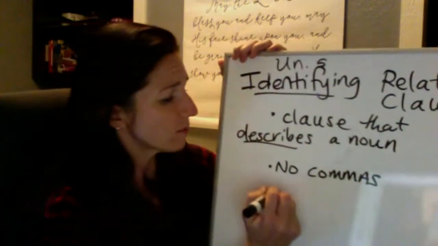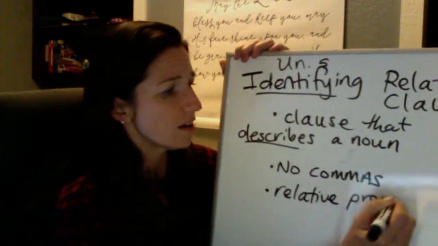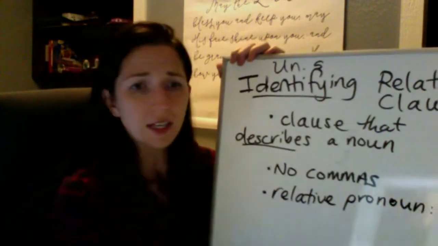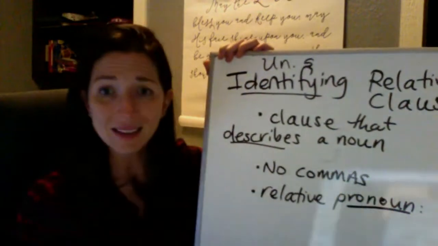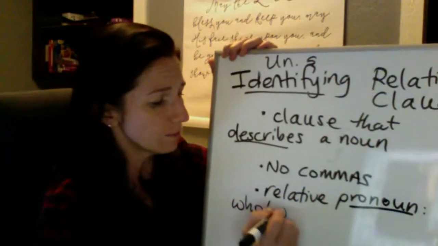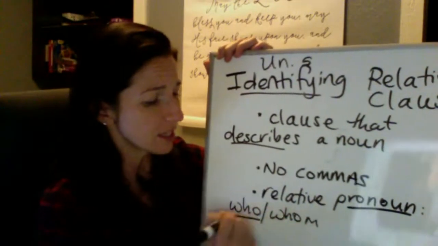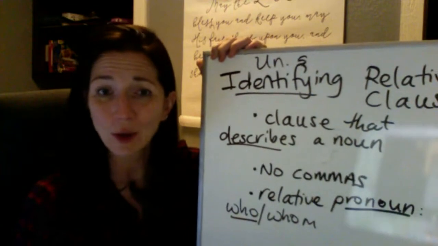They start with a relative pronoun, and this was the first thing I said you need to be very comfortable with: choosing the relative pronoun. The relative pronoun begins the relative clause, and it could be who or whom, but for this class's purposes, for life, you really just need to know how to use who.